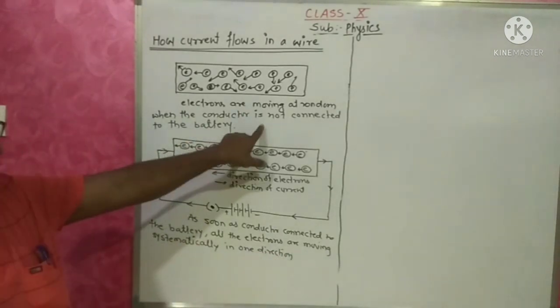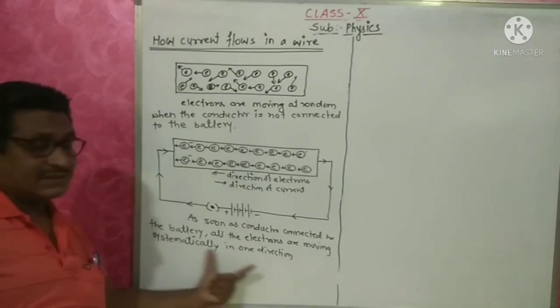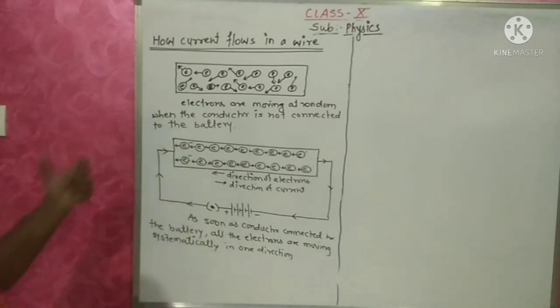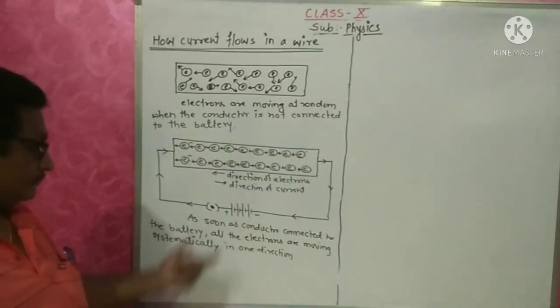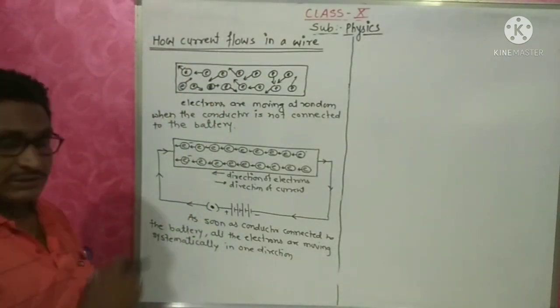Here electrons are moving at random, and here electrons are moving systematically. When the electrons move systematically in one direction, the current flows in the circuit. So how does current flow in the wire? What is the direction?